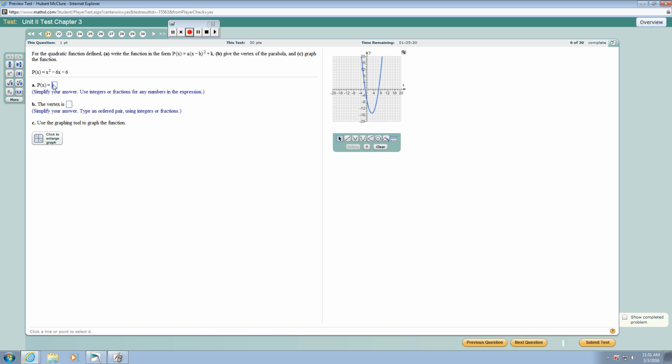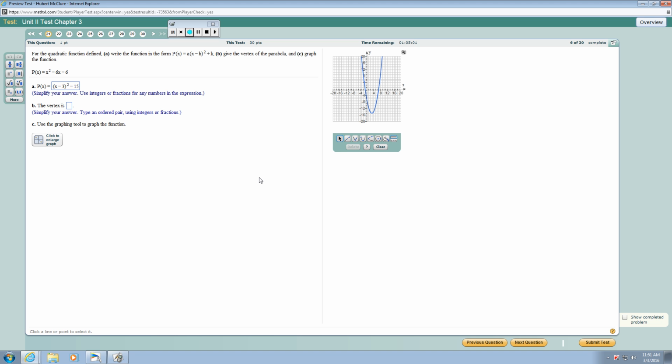They want the vertex form, which is going to be f of x is equal to x minus 3 squared, and then bring the 15 over, minus 15.